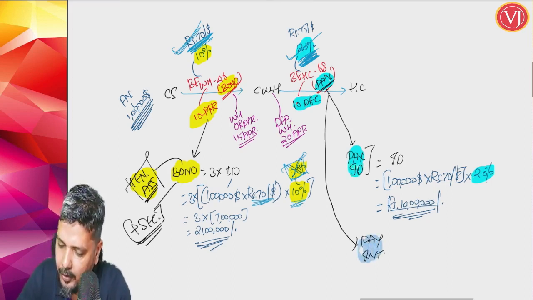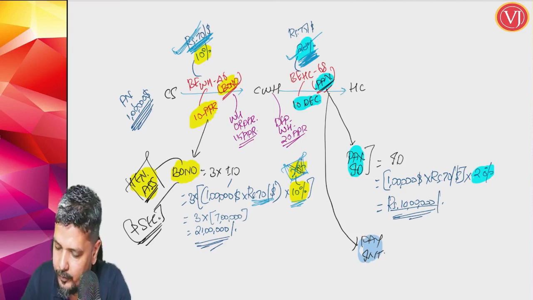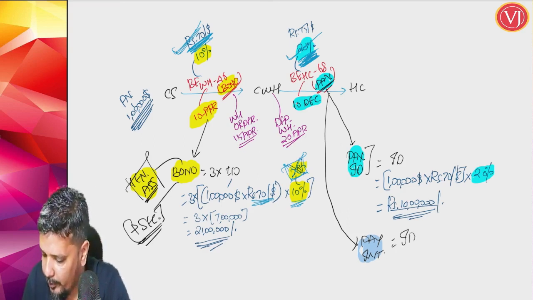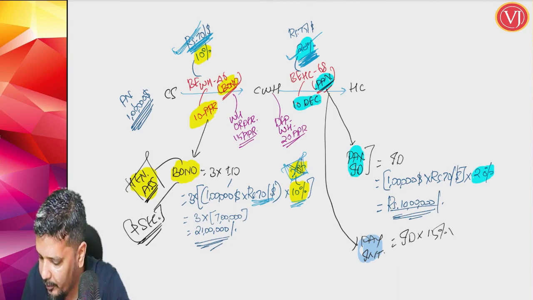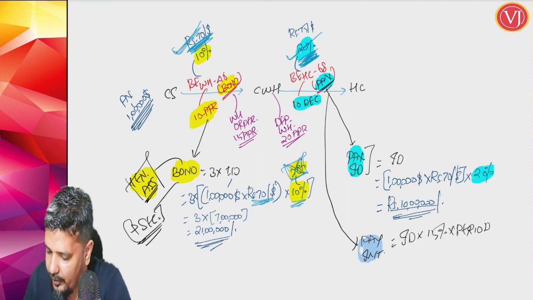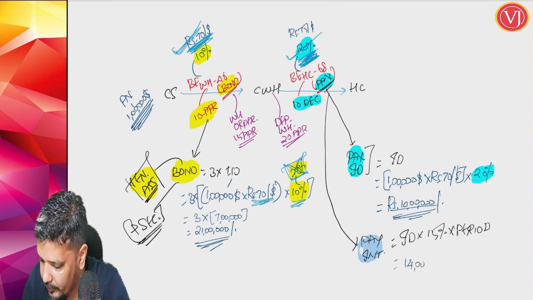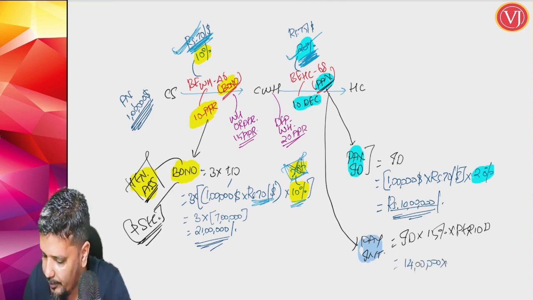Interest will be on what? What is the value? Import duty multiplied by 15% multiplied by period. Correct? What is the import duty? 14 lakhs. Multiplied by the rate of interest.